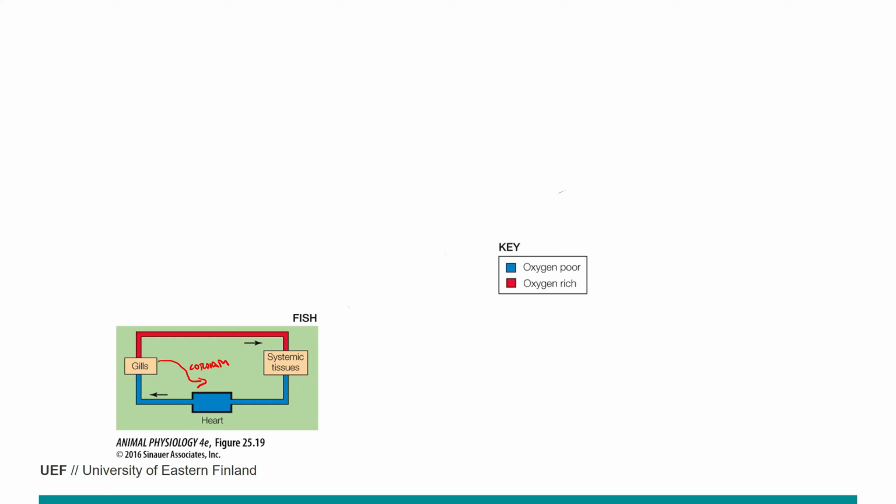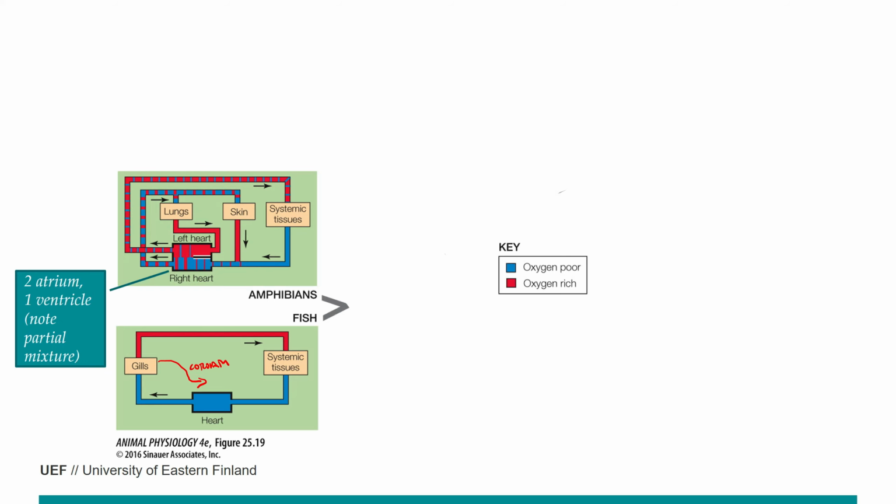But what about other vertebrates? First of all, in the amphibians we might know that we have 2 atria and 1 ventricle. And so if you have one chamber, it will mix the blood that is coming from the systemic tissues as well as the blood that is coming from the lungs.